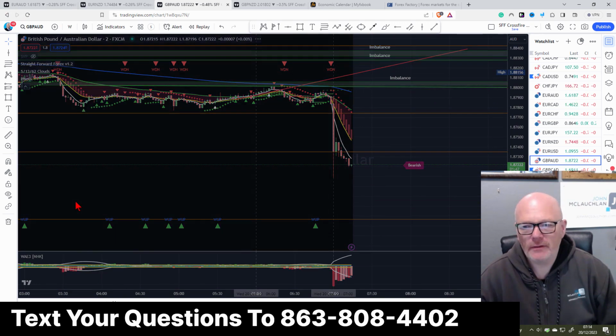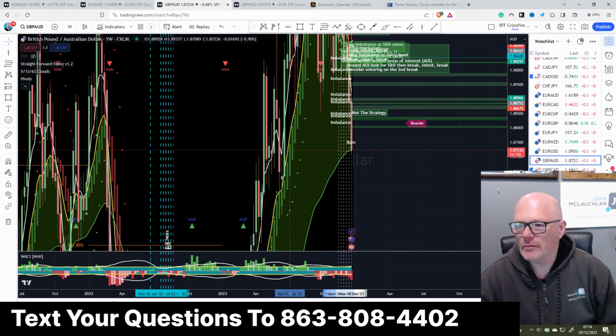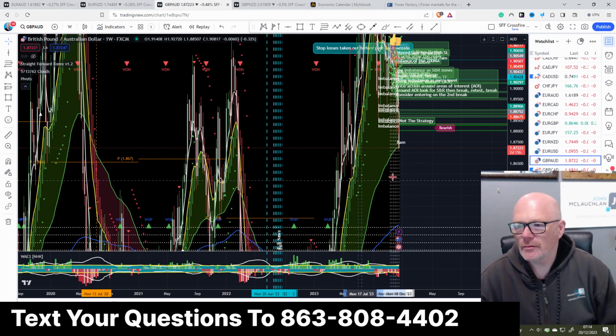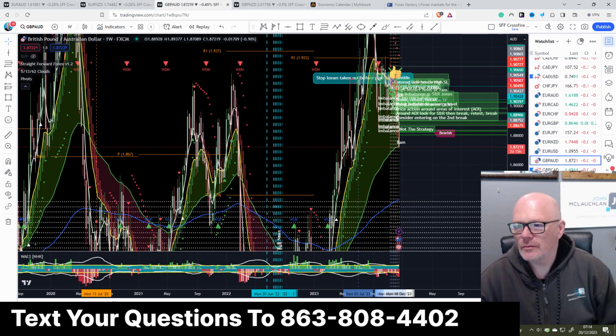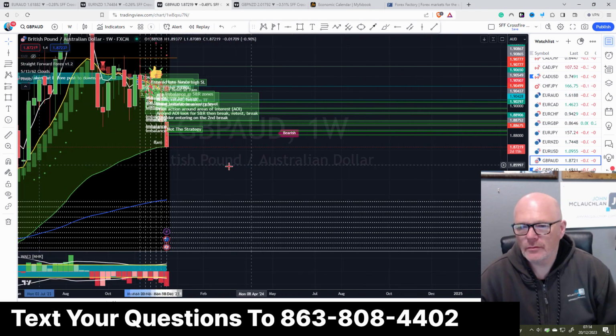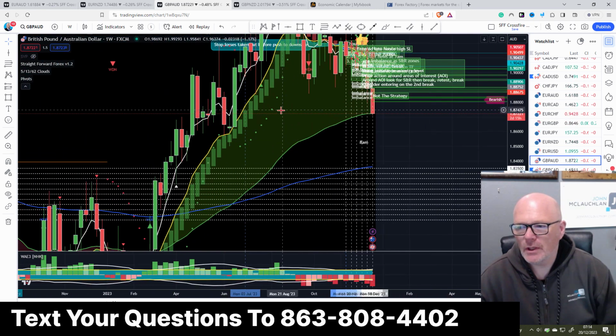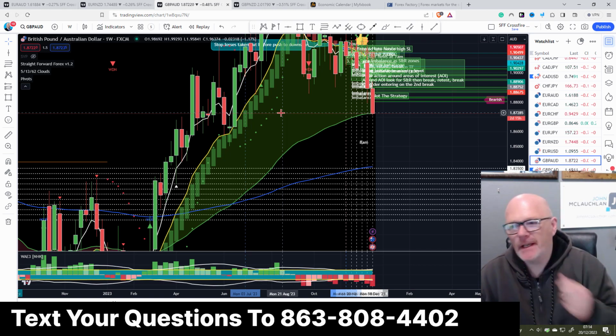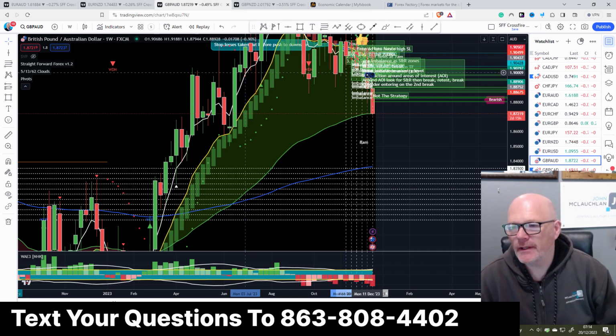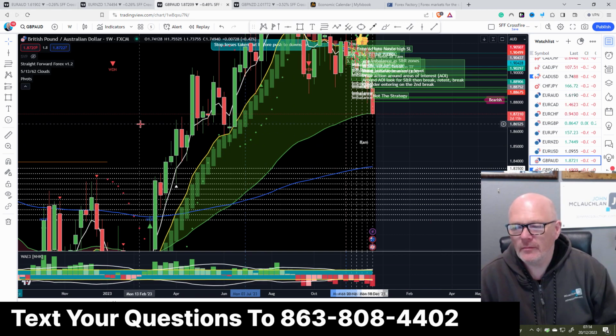Let's have a look at the weekly. So on the weekly, you can see that the price has continued to come to the downside. There we go, red candles all the way down. Next area of interest would be maybe about there.